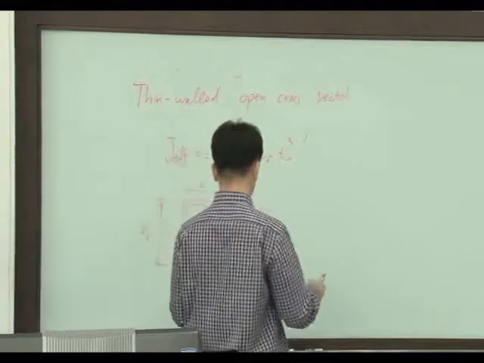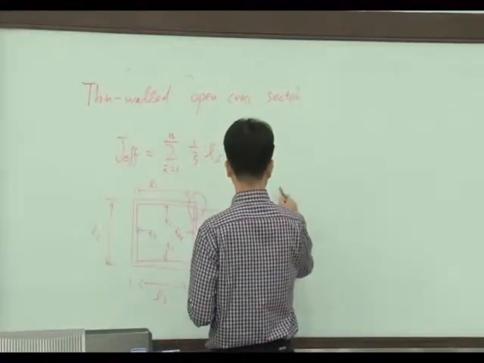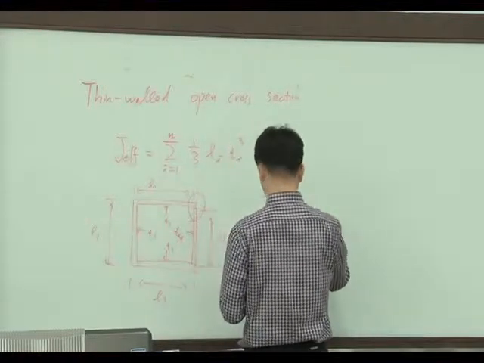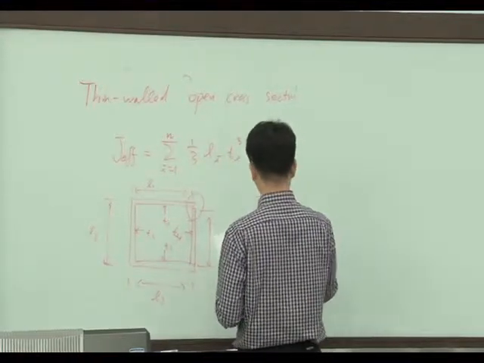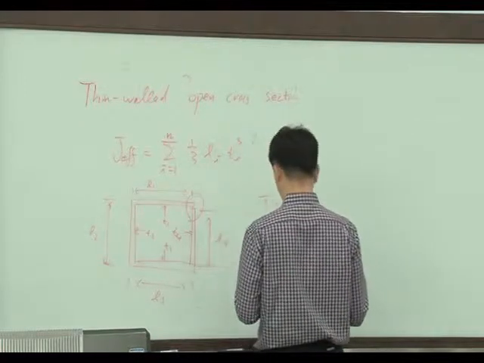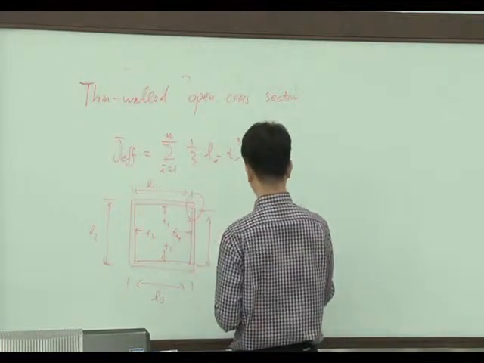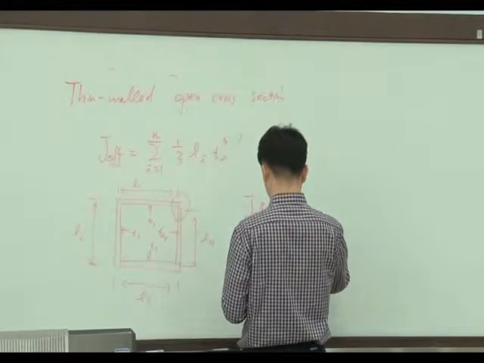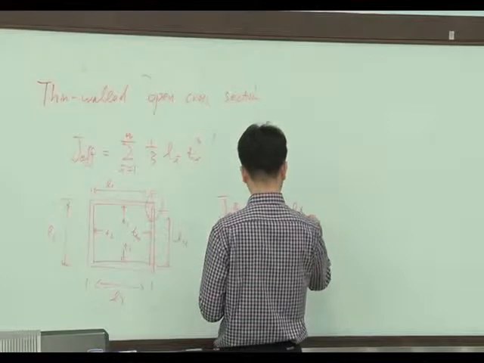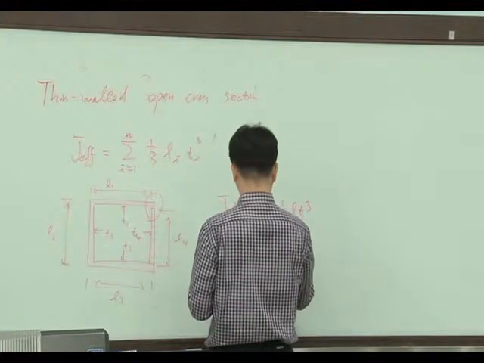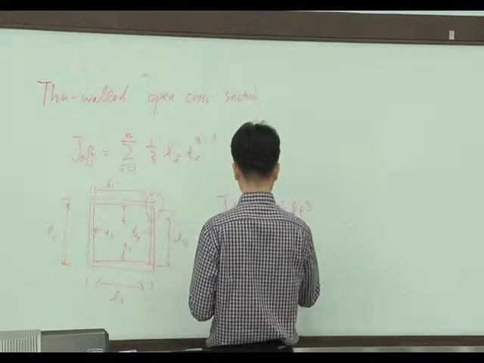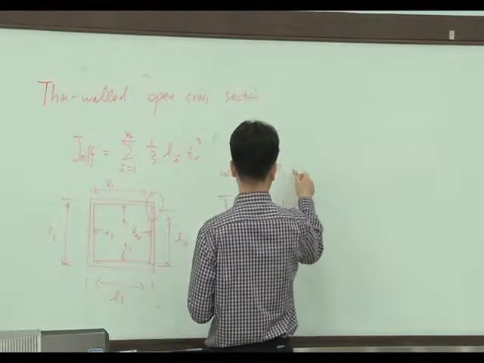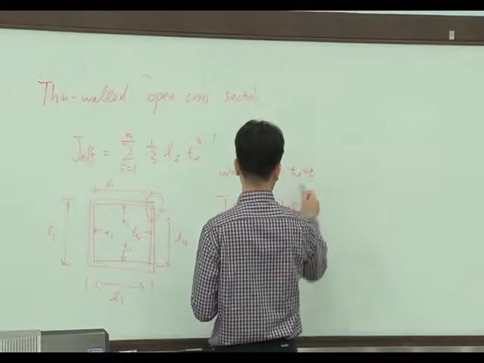So in this case, J effective becomes, when L1, L2, L3, L4 are the same L and the thicknesses are all the same T, 4 times 1/3 L T cubed, that is 4/3 L T cubed, when L_i equals L and T_i equals T.